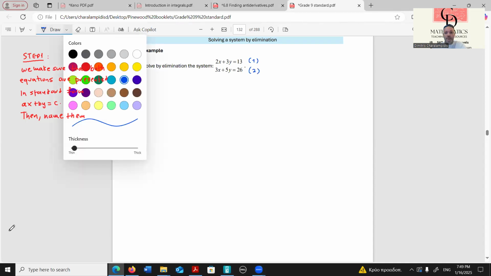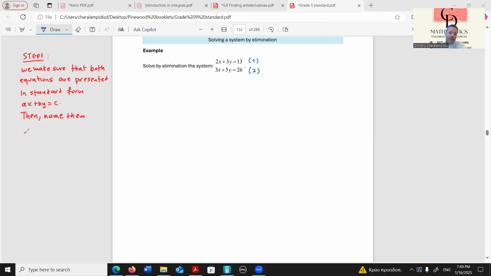Then let's see the next step. In step 2, I decide, it's totally up to me, the variable I want to eliminate.